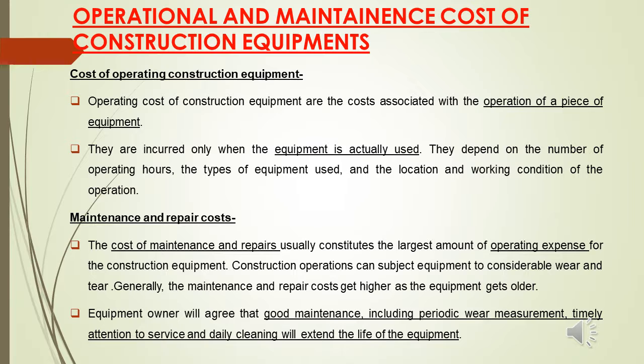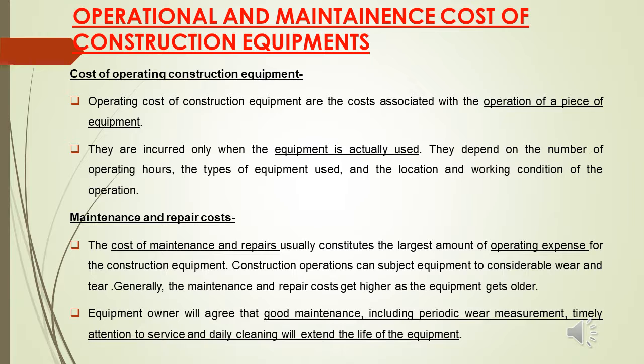Second point is they are incurred only when the equipment is actually used. When the equipment is in running position, in a used state, that is what they indicate. They depend on the number of operating hours, the type of equipment used, and location and working condition of the operation. One is operating hours, how long this instrument is going to be operated.